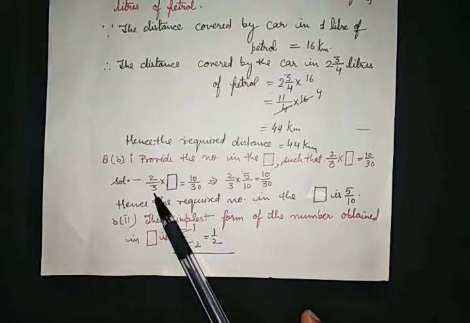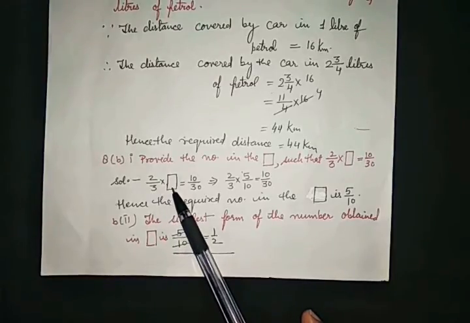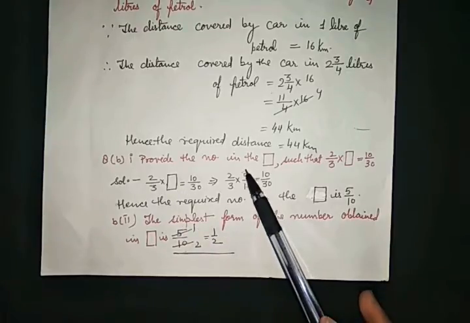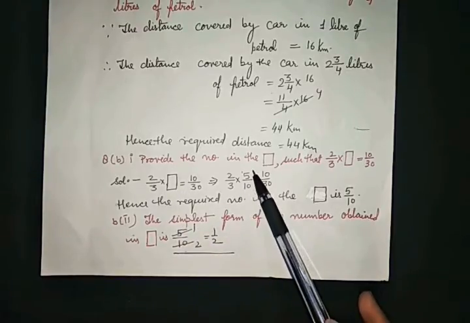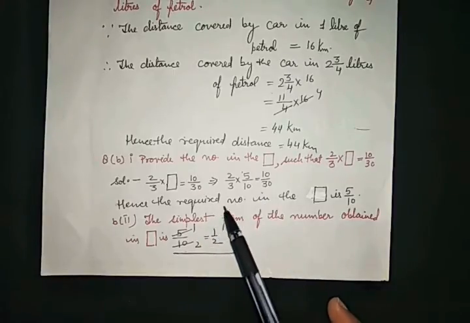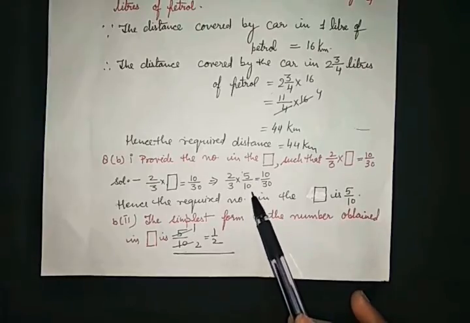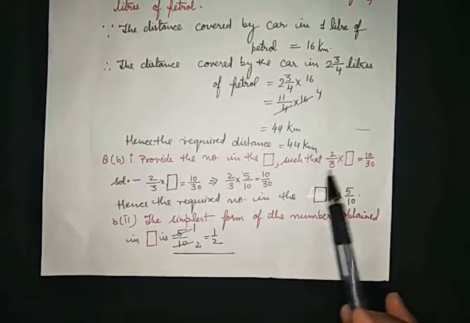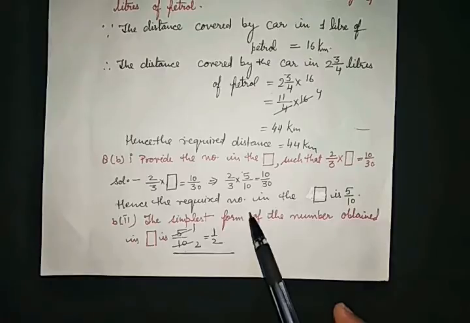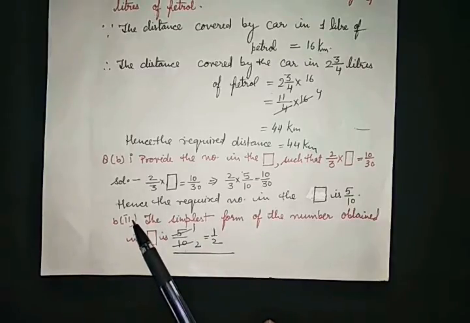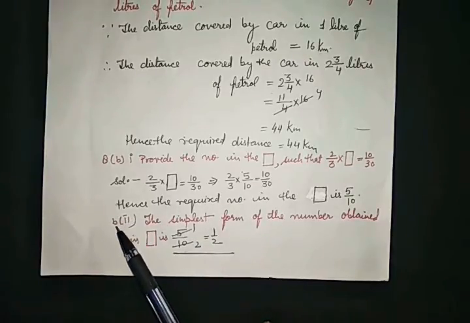We will multiply this 3 with 10. So the fraction will be 5 upon 10. And your answer is, the required number in the box is 5 upon 10.